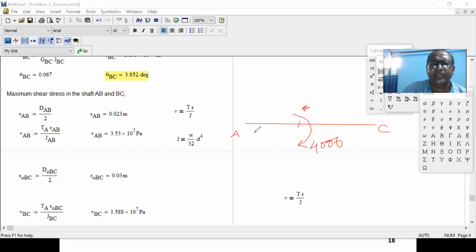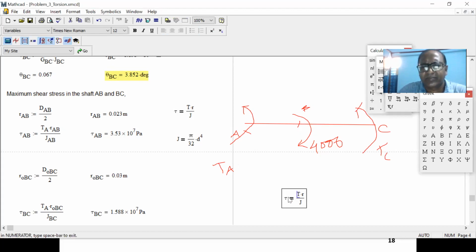This is clockwise, so over here is anti-clockwise. TA is working over here, and similarly, anti-clockwise TC is working here. Now, what is your question?